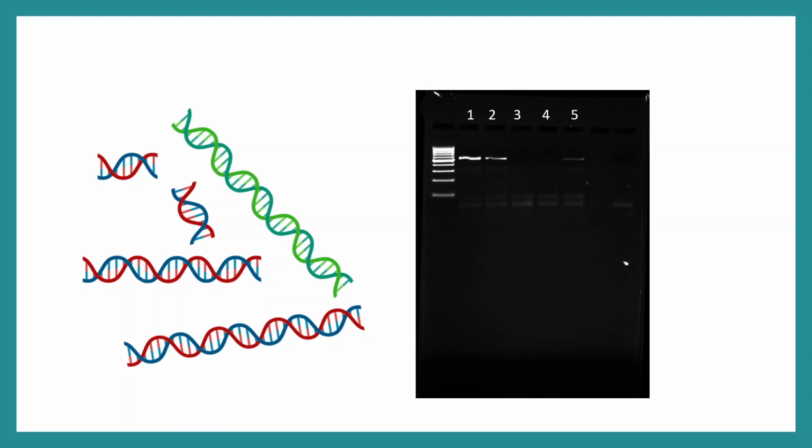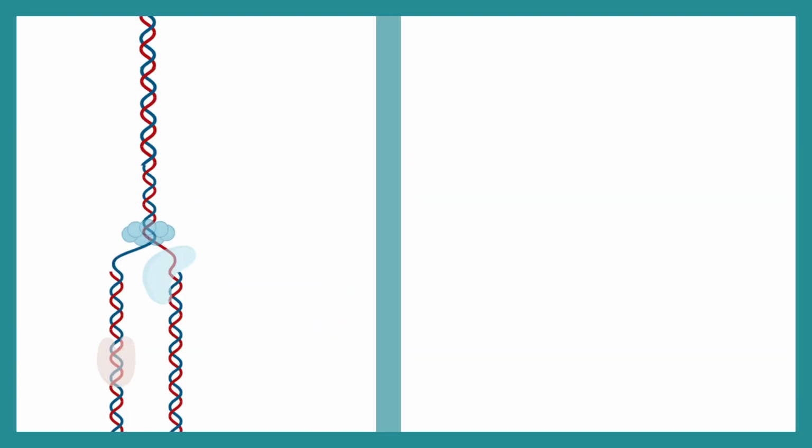If you are not affected, you should not get a band corresponding to this. And if you are affected, you should get a band corresponding to this green band. So in this particular example, you can see these 5 lanes are from 5 different patients, and you can see patient 1 and 2 are affected by the particular bacteria, 3 and 4 are not. In 5, the bacteria might be affecting the patient as well.